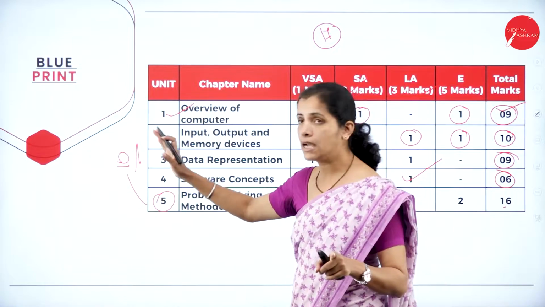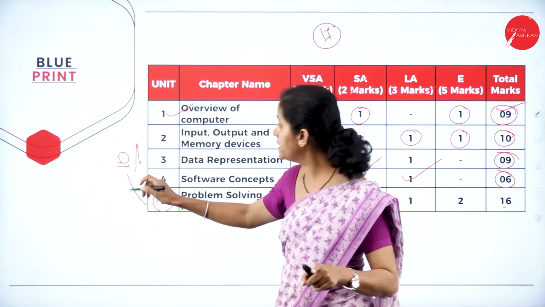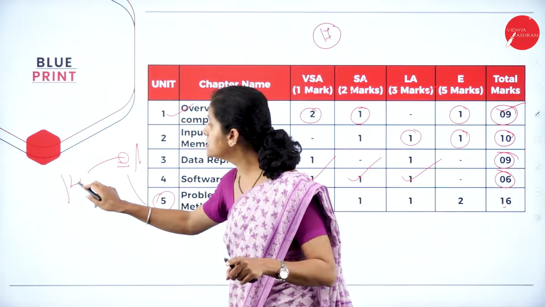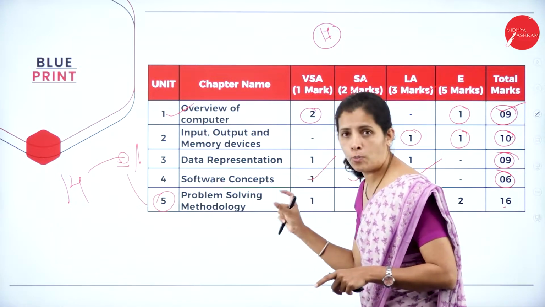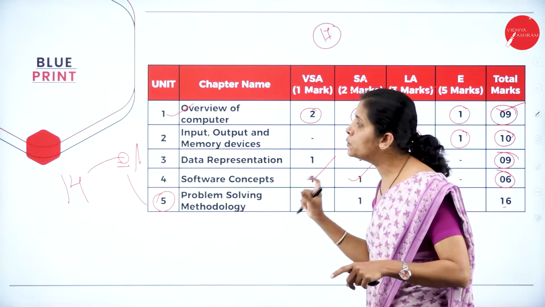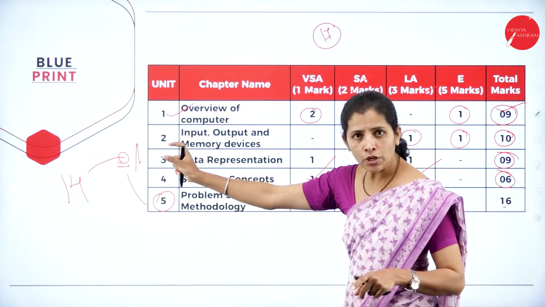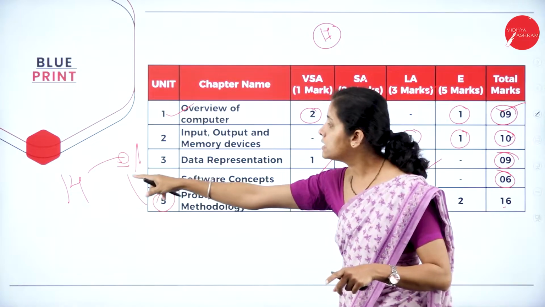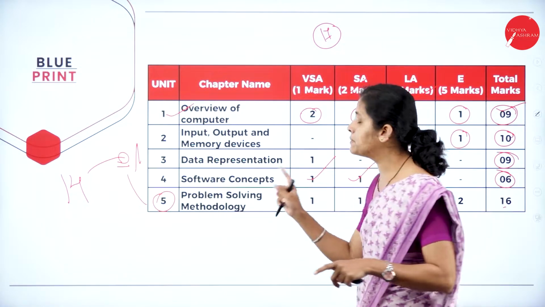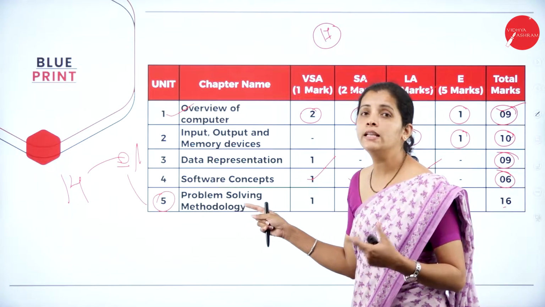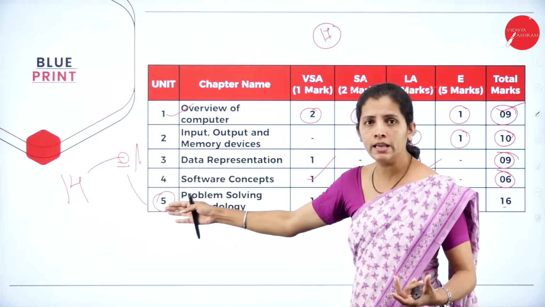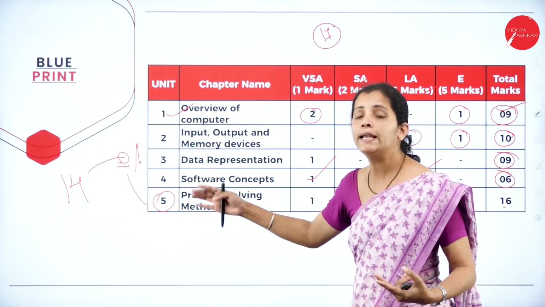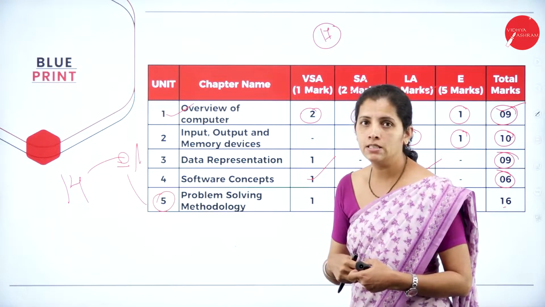So if I consider chapter 10, that is control statement, what is the weightage of this chapter? It is 14. So if I study this chapter properly, then I can attend chapter 10 questions. By adding chapter 10 marks as well as chapter 5 marks, I can get 30. So if I study any one of the chapters properly, then I can attend both the chapters.